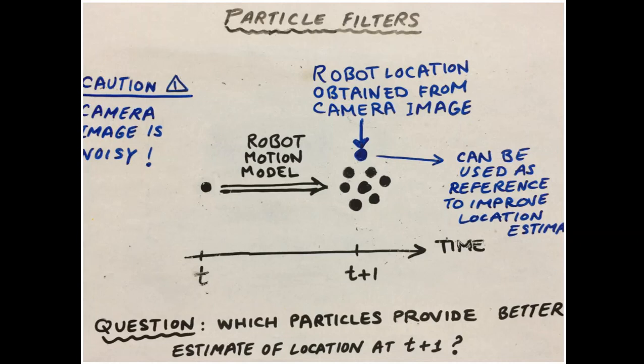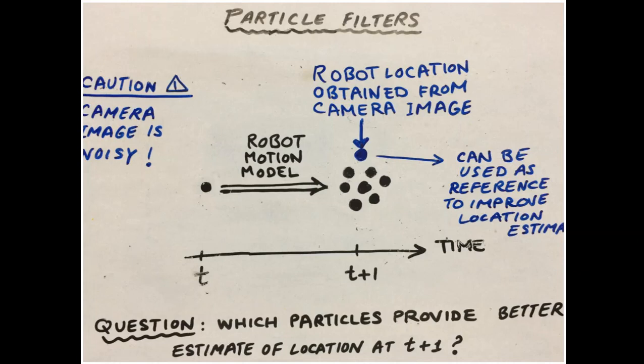We have about 7 particles, and we have to come up with an estimate of the robot position at time t plus 1. So which of these 7 black particles are representing the robot location more precisely?